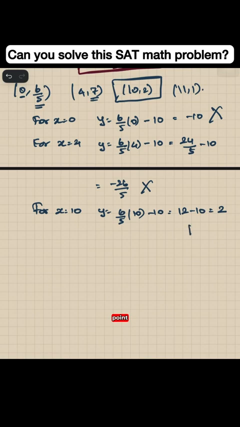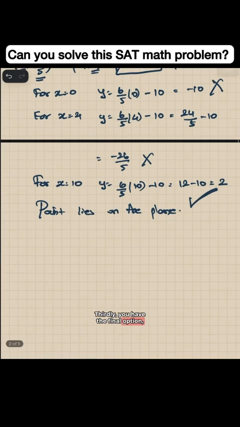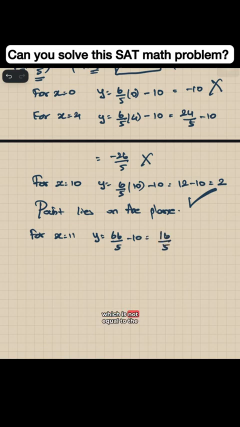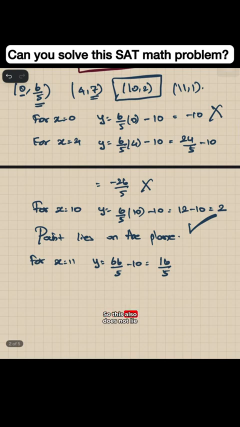So this point lies on the line. Then you have the final option, which is 11, 1. So for x equal to 11, you would simply plug that into the equation. So y is equal to 66 over 5 minus 10. So you would get 16 over 5, which is not equal to the y value. So this also does not lie on the line.